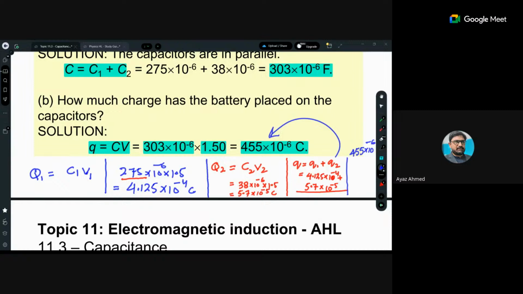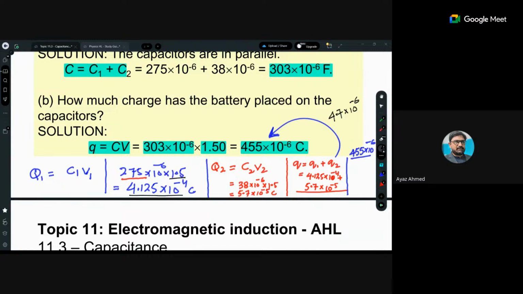I'm getting 4.695, which means 4.7 into 10 raised to the power negative 4. Okay. So 275 microfarad into 1.5 volts would be the charge on this capacitor.